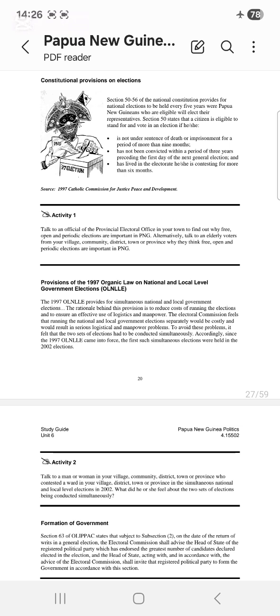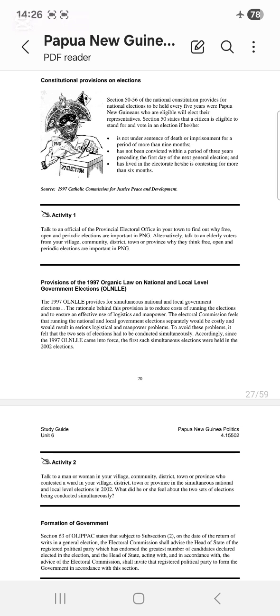So in our constitution, sections 50 to 56 of the national constitution, it's not the organic law but the national constitution, provides for election to be held every 5 years. So our national constitution calls for elections to be held at a regular interval.